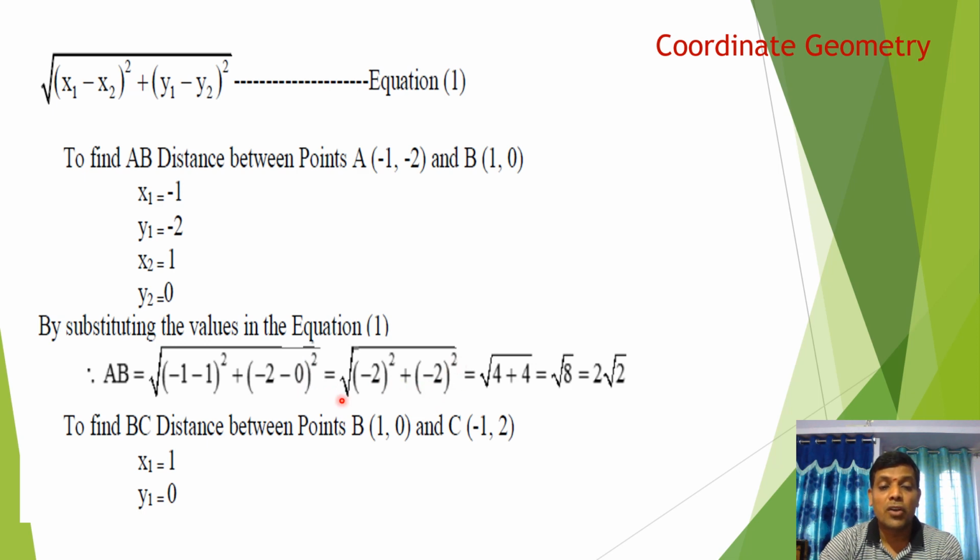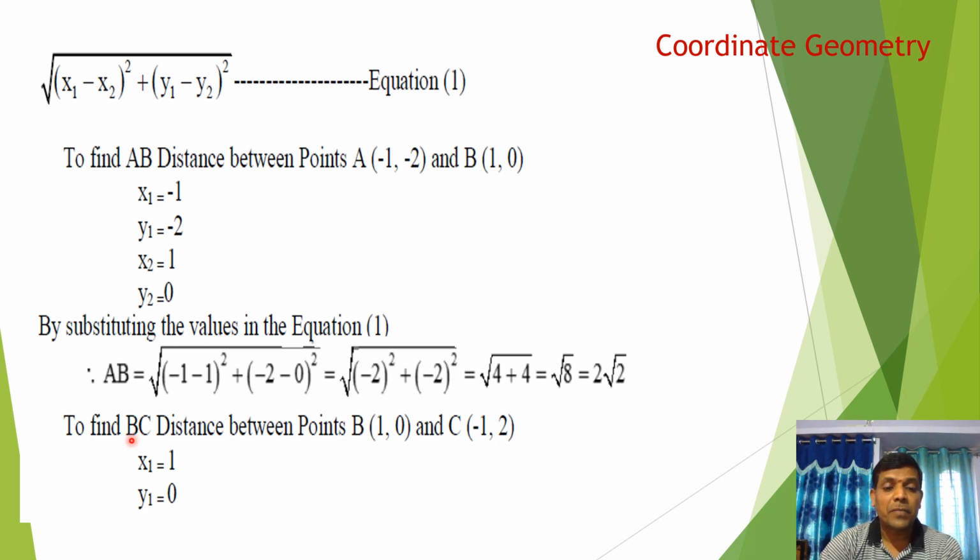Now next step: (-2) square means -2 into -2, which is 4, plus (-2) square, which is 4. This is written as square root of 4 plus 4, which is root 8. Now root 8 is written as 2 root 2. This is the simplest form.